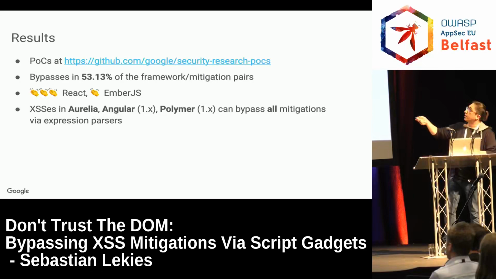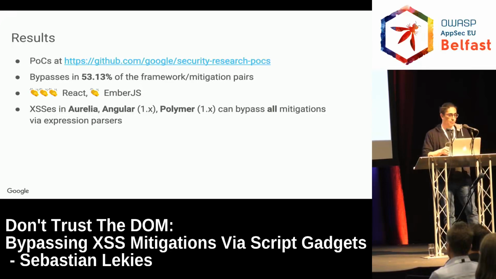The POCs are here. We just made the repository on GitHub with all the working chains. Well, not for NoScript, because NoScript just updated all of them. So, yep, we bypassed over half of the combinations, essentially.